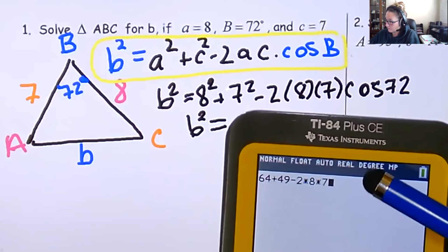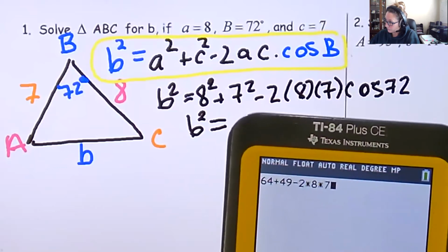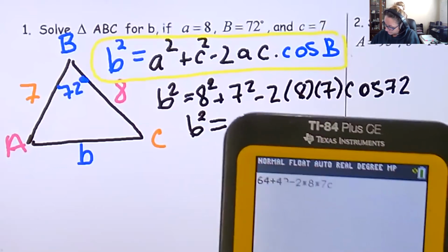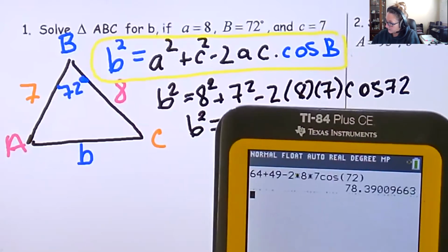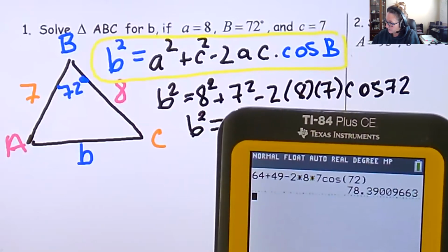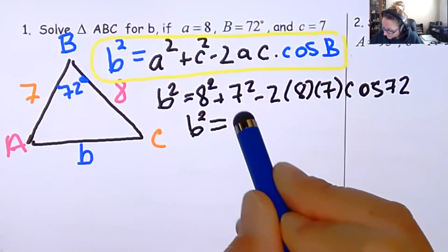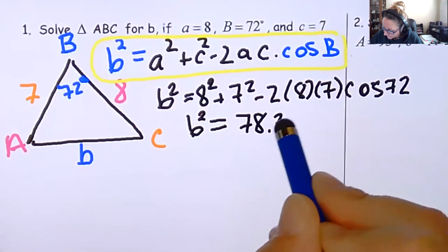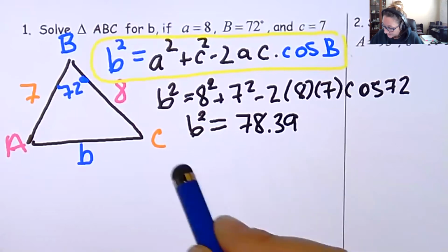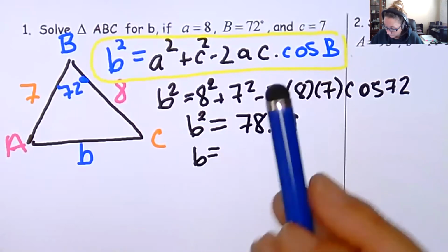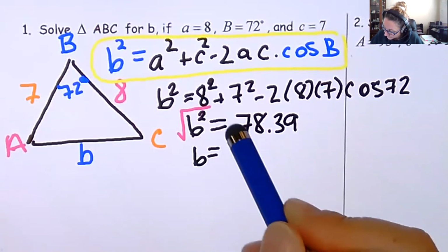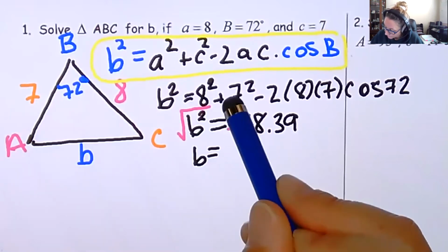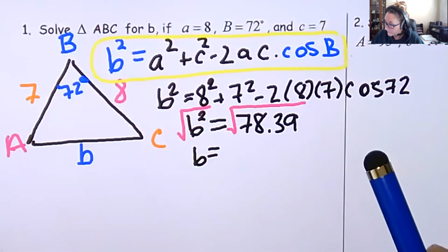Make sure your calculator's in degrees the whole entire time we're doing this trig. Cosine of 72, and I get 78.39, let's say. And then I'm going to take the square root of this side, okay?